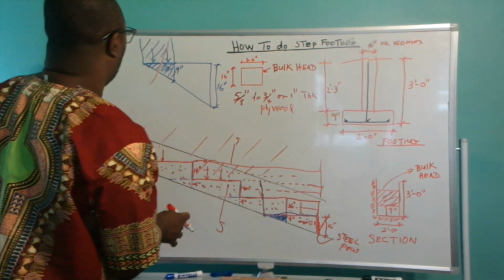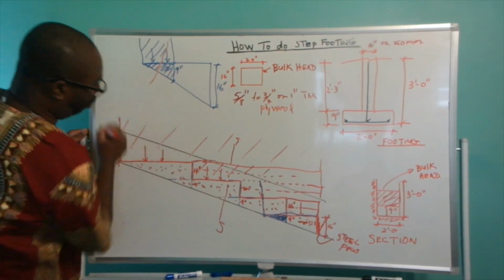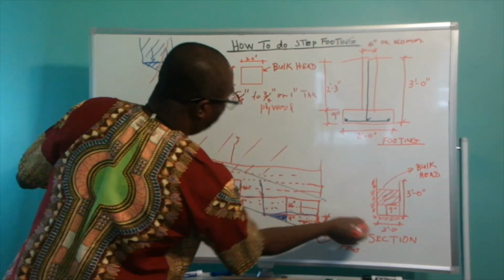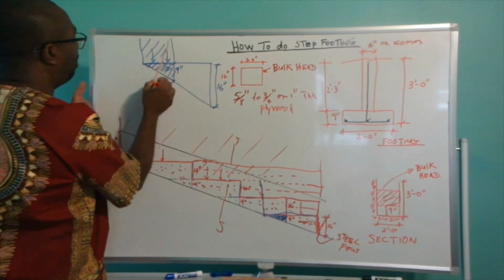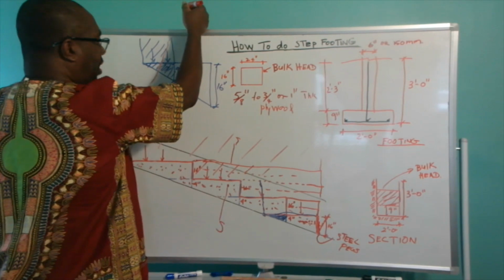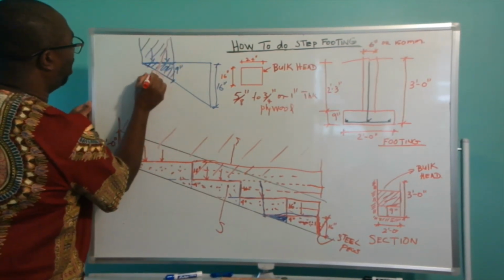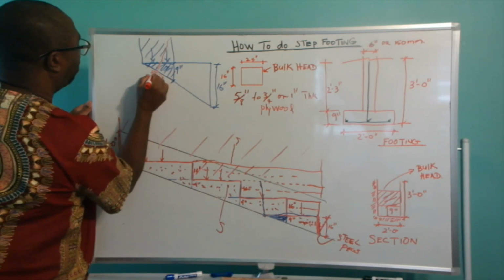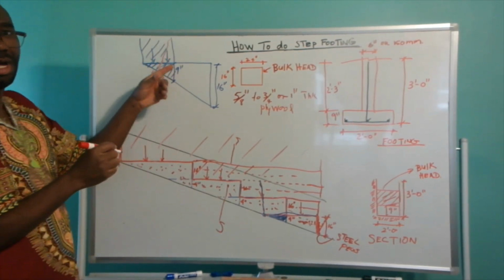Because remember, when you pour the concrete here, you're not going to be able to see the side. So you have to dig from the inside of the building and the outside of the building to get to this part here, to underpin it. And then you have to fix the wall that is cracked.